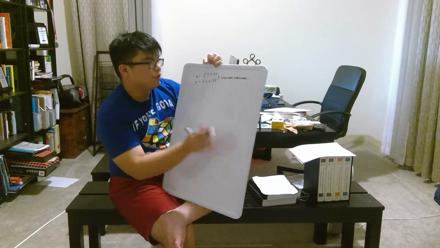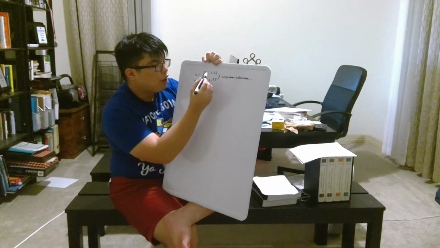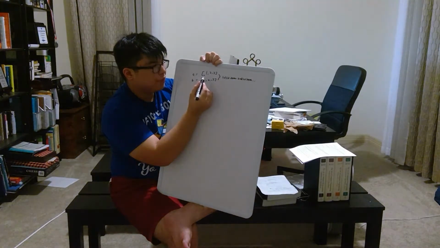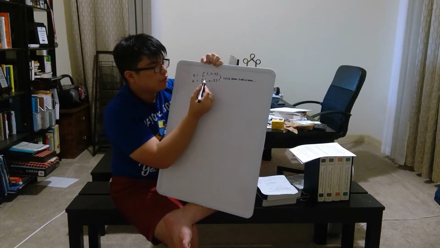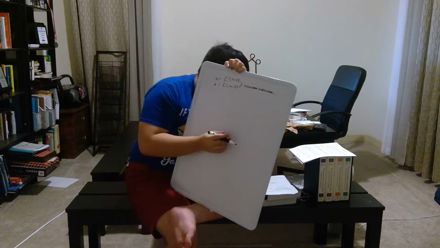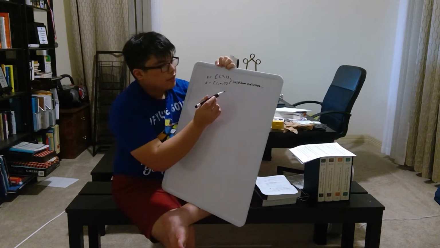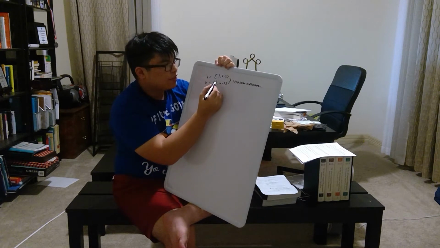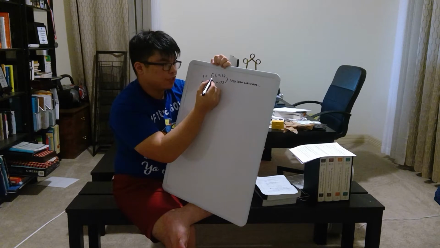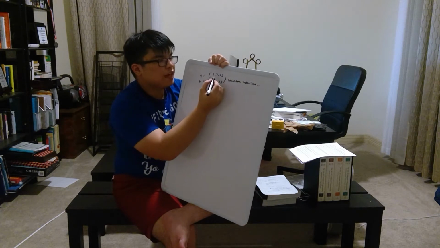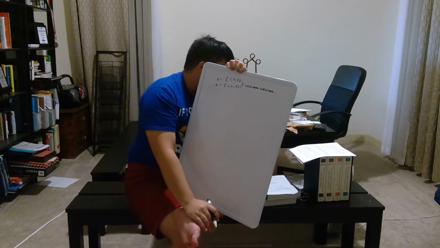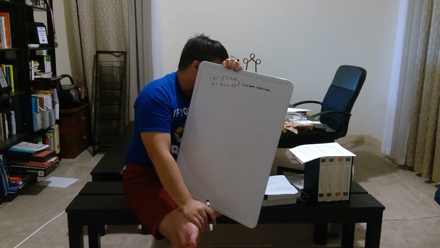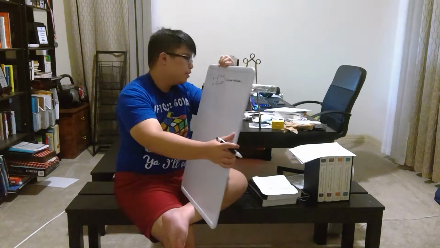Okay, so the product of two lists of the same length is the first list items multiplied with each other, plus the second list items multiplied by each other, and so on and so forth.